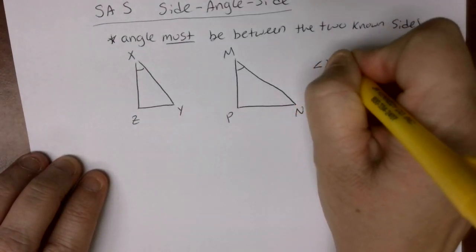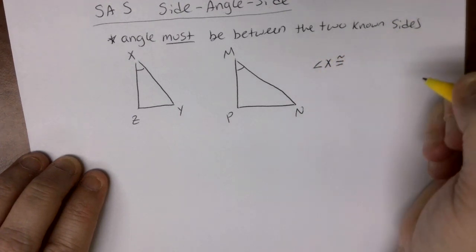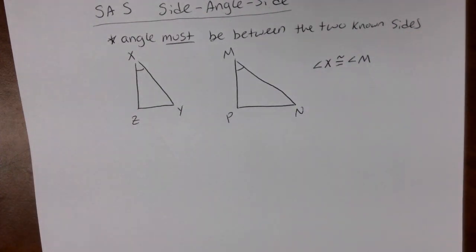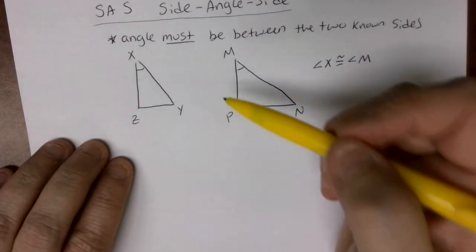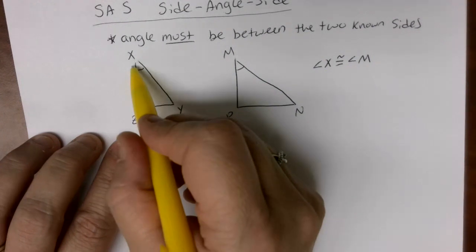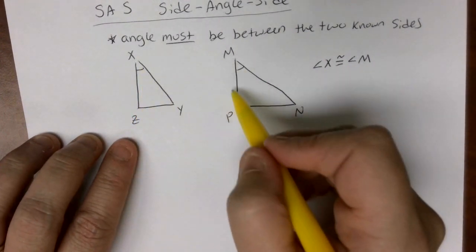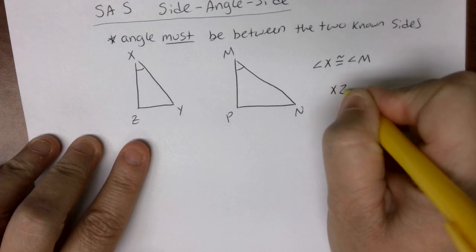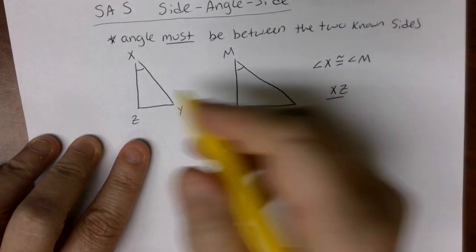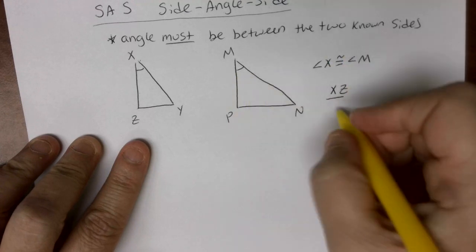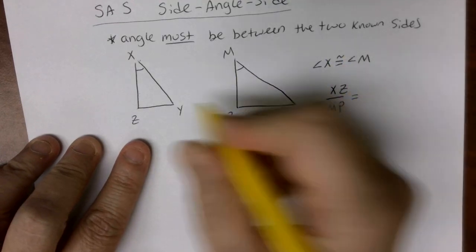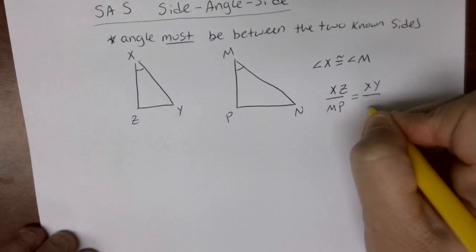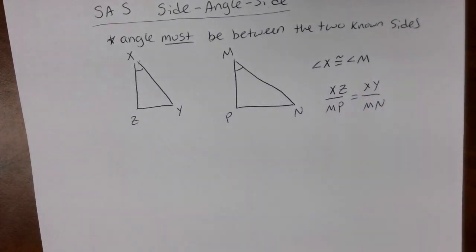So angle X, remember an equals with a squiggle is congruent, or the same as angle M. Basically, for this to be able to work, we have to have the two sides that are next to the angles. Okay, so for example, X to Z would have to be proportional to M to P. And the other side, X to Y, would have to be proportional to M to N for this to be able to work.